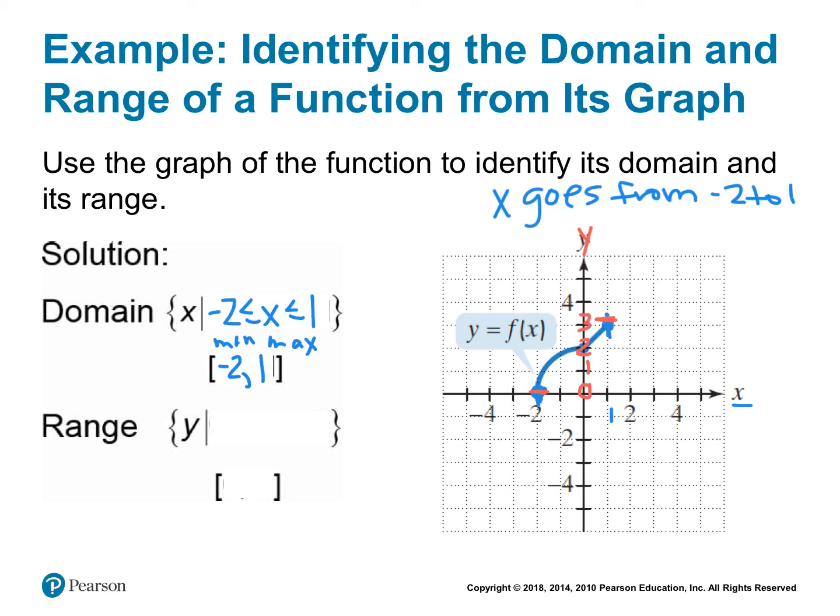So 0 is the lowest spot it hits on the y-axis. And the y is in between that number, and it goes up to 3 on the y-axis. And again, those are brackets because they were closed dots, so it could include those numbers. So the minimum was 0 on the y-axis, and it went up to 3 on the y-axis.